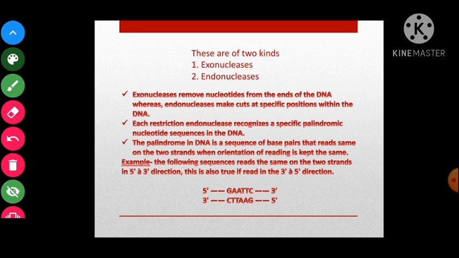Now the palindrome in DNA is the sequence of base pairs that reads the same on the two strands when the orientation of reading is kept the same. For example, in this example there are the directions 5' to 3' and 3' to 5', and the sequence GAATTC. अब इसकी mirror image क्या बनी, right? CTTAAG, right? So this is what? This is the palindromic sequence.